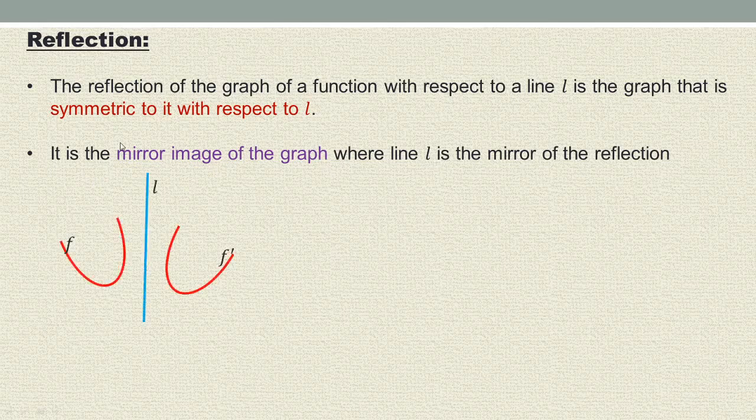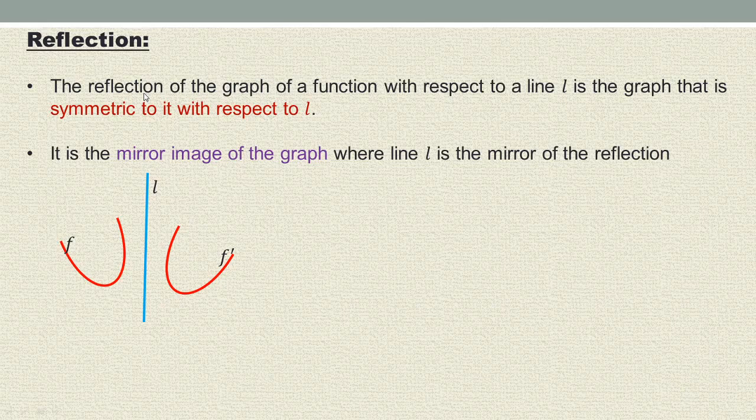The first definition is symmetric with respect to L; the second is the mirror image of the graph. If we draw the diagram, you can draw it like this. Here f is the function, and f dash is the reflection of f, where L is the mirror of the reflection.